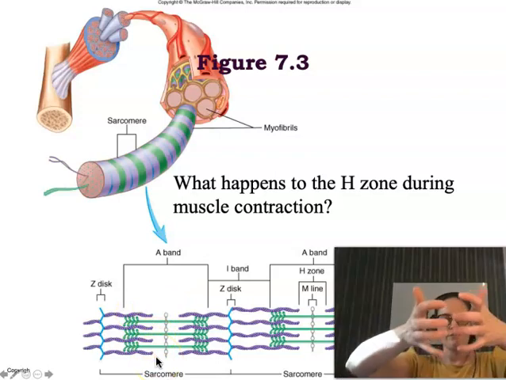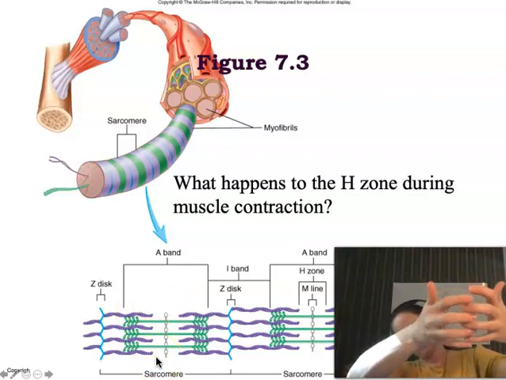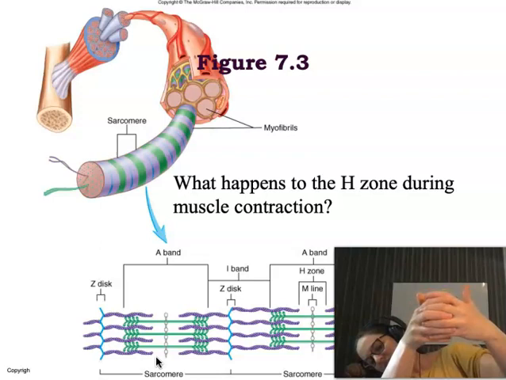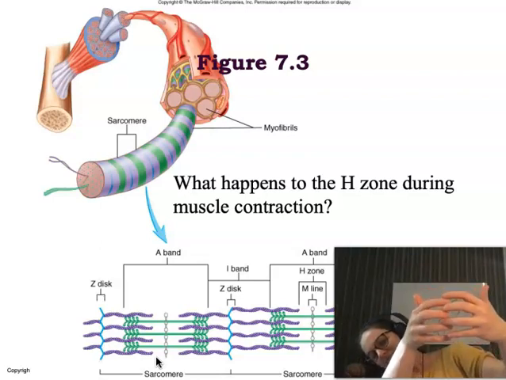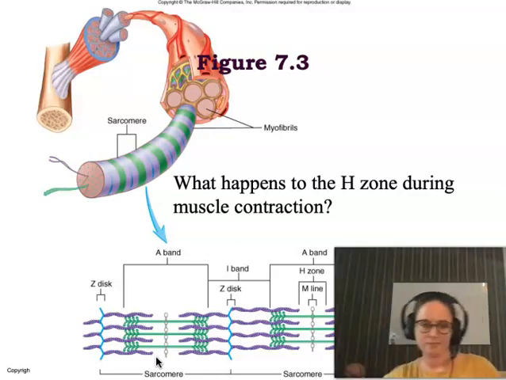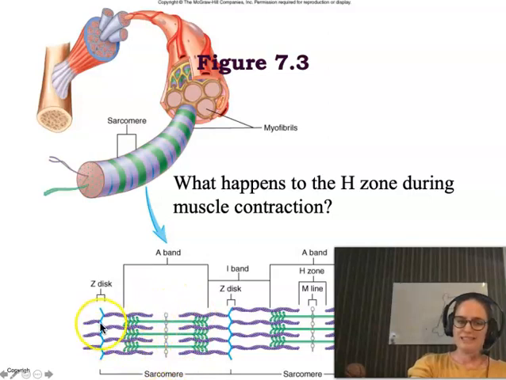So when you have contraction of a sarcomere, see how even with my hands like this, it looks pale, and then it's very, very dense. And then it's not dense, and then it's very dense. So that density is giving us that color change. So when Z-disc gets closer to Z-disc, you narrow the H zone, and Z-discs are moving closer to the M line.